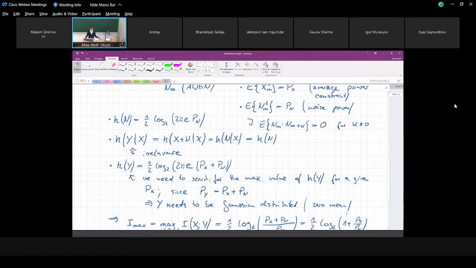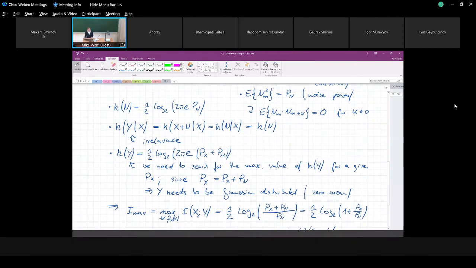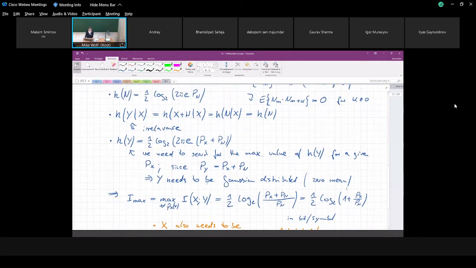For sure, x is also zero mean and Gaussian distributed. Not only Gaussian, this is not enough. It needs to be zero mean. So y is also zero mean, of course. Because only the zero mean Gaussian distribution leads to the highest differential entropy at a given average power constraint. It's a zero mean Gaussian distribution.